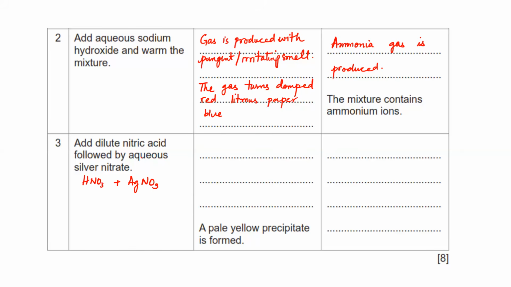So in this case, with silver nitrate, the yellow precipitate will be, for example, silver iodide. So silver iodide is a yellow precipitate, and this is a test for any, for example, sodium salt, such as sodium iodide.